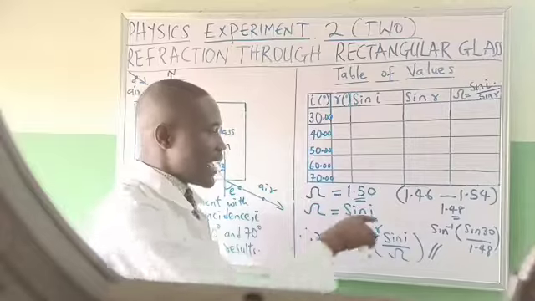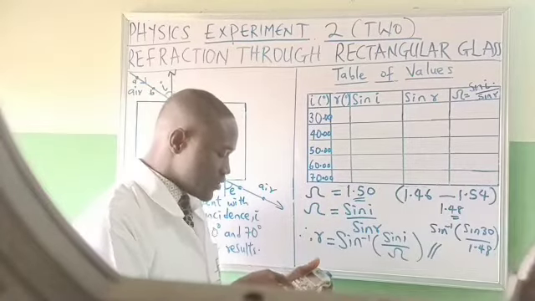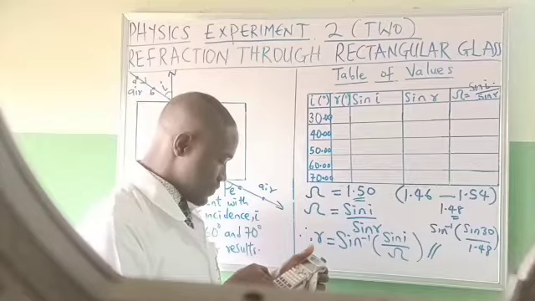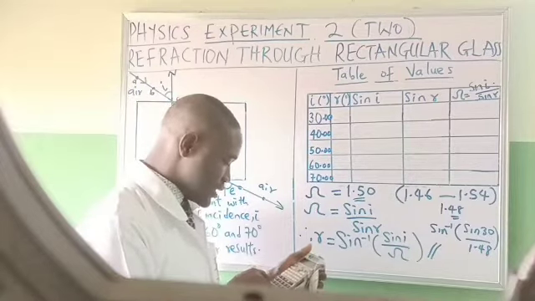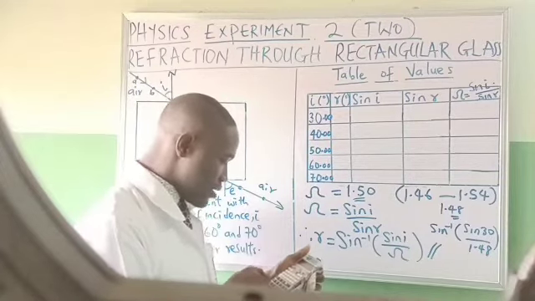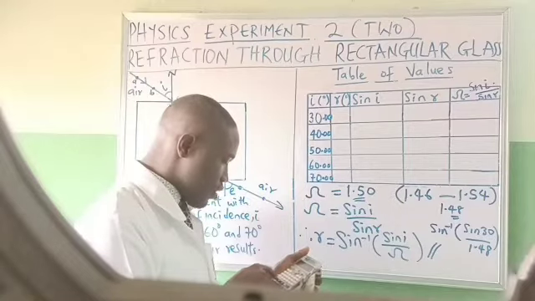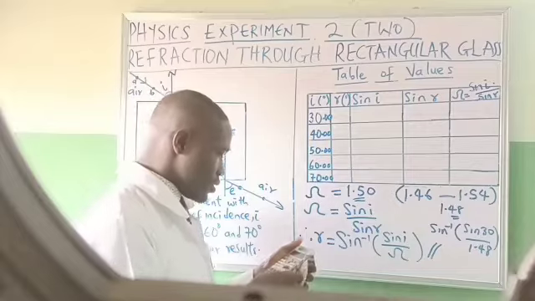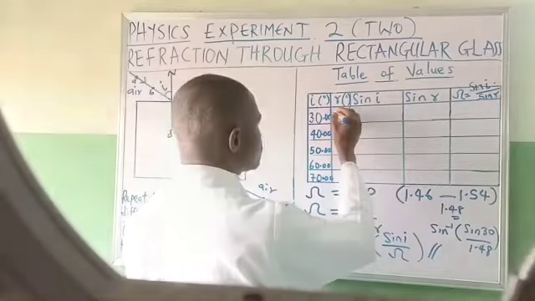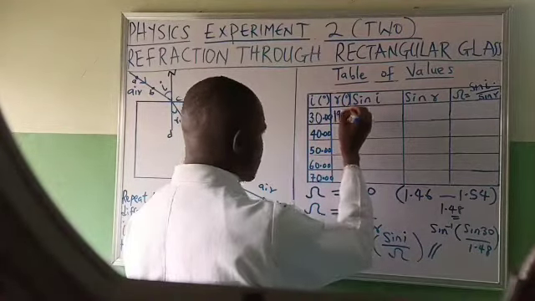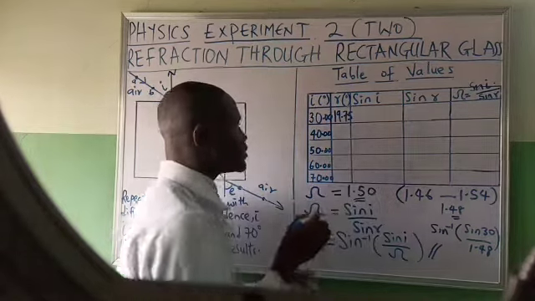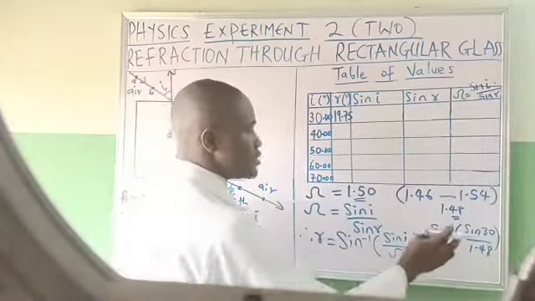Sine inverse is shift sine, then bracket sine 30 divided by 1.48. I'll get the value to be 19.75 approximately.